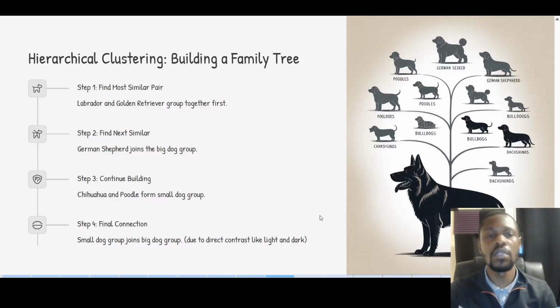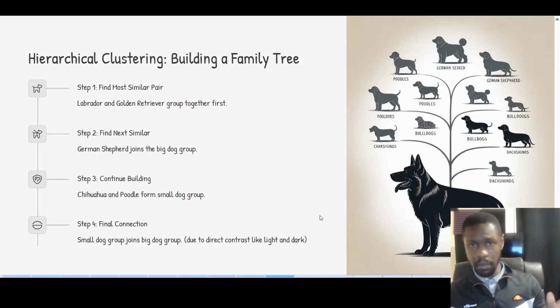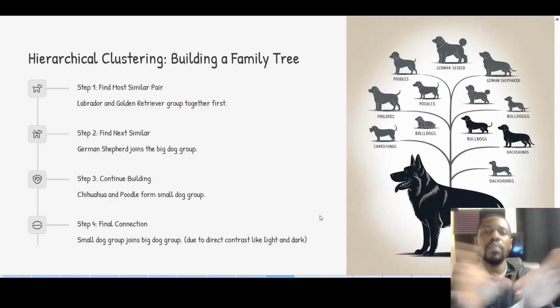Step 1 is usually finding the most similar pair. So you might say, okay, Labrador and Golden Retriever. These are the two most similar pairs in the data we were given. So we pair Labrador and Golden Retriever together first.